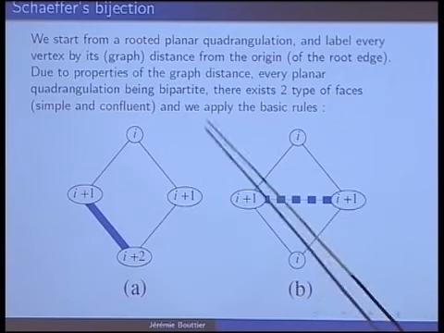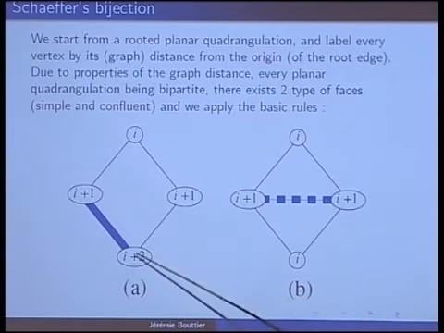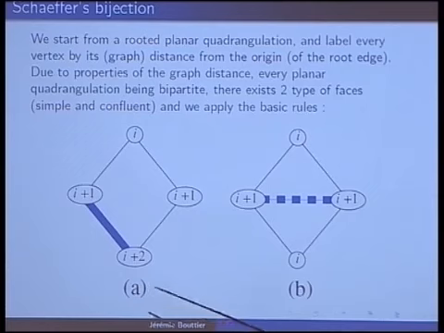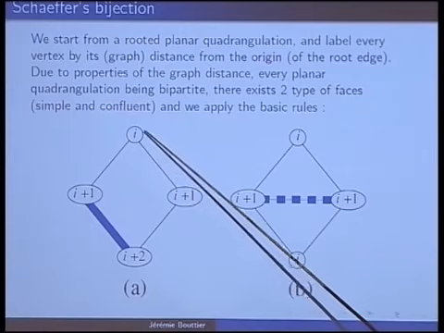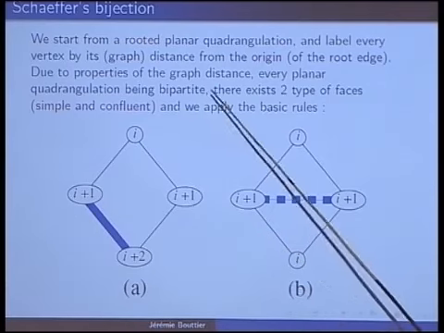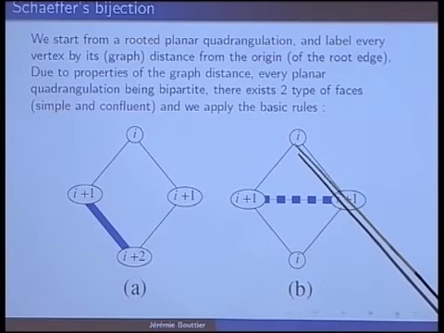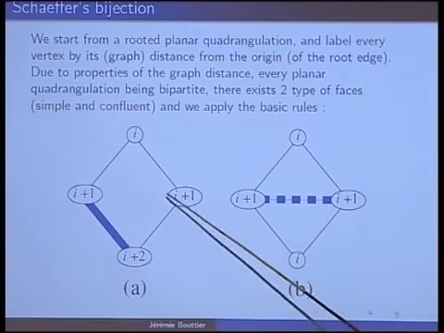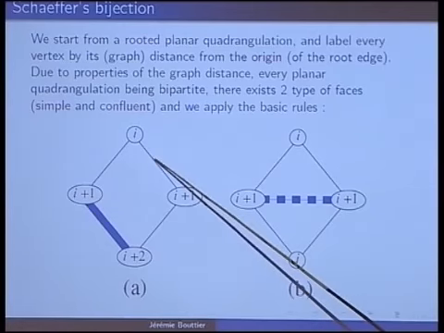And if you study what happens around each face, which has degree 4, you realize that there are only two possible configurations of labels around the face. For instance, there is a minimal label around the face, and because the labels are not taken at random but are really distances, the label can only vary by 1 or -1 along each edge.